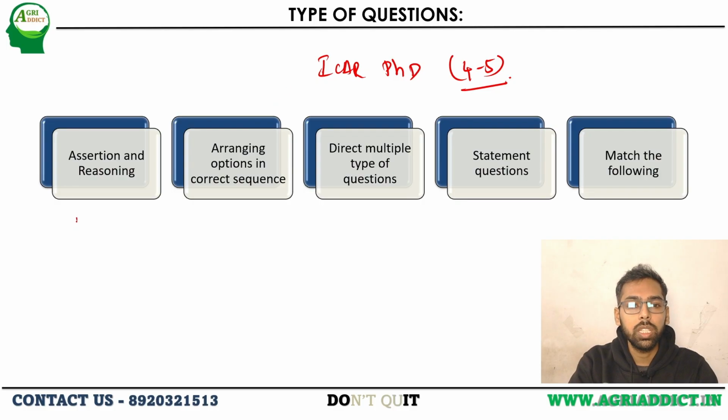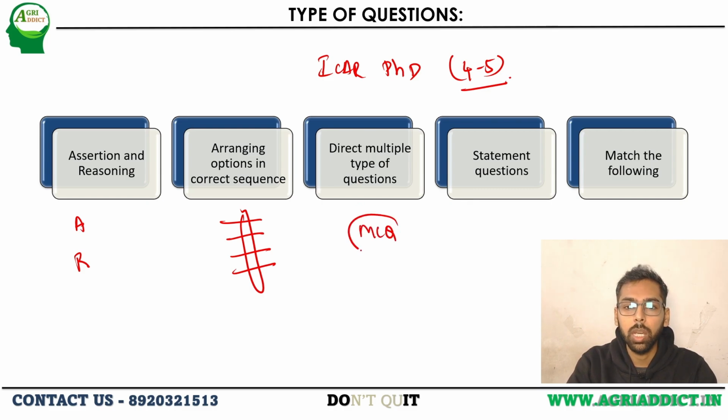There will be questions with assertions and reasons, then some sequences which you are asked to arrange in the proper order, followed by different multiple-type questions, which might be direct ones as well as ones with logic or tricky ones. Statement questions are also now gaining popularity in the ICAR PhD examination.